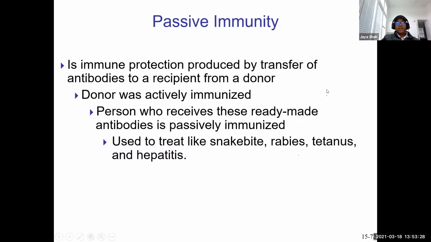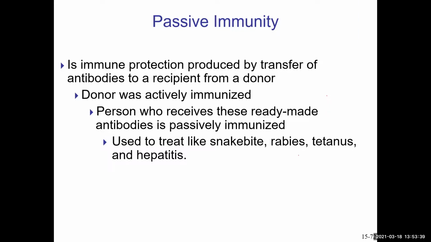So the donor was actively immunized, whether from clinical infection, subclinical infection, or immunization, and the person who receives this is passively immunized. Is this like when a mother gives the antibodies to her baby?